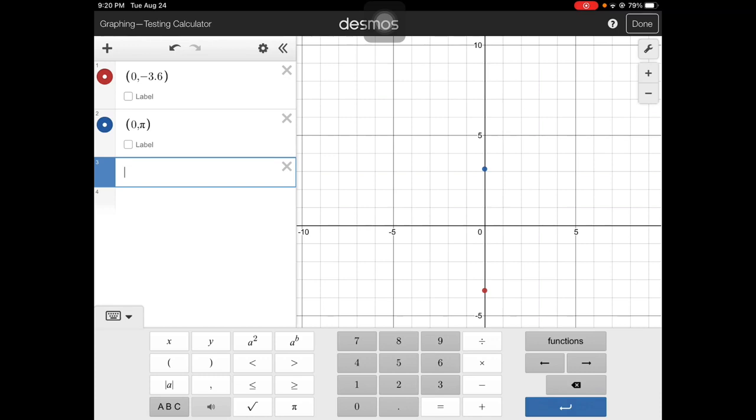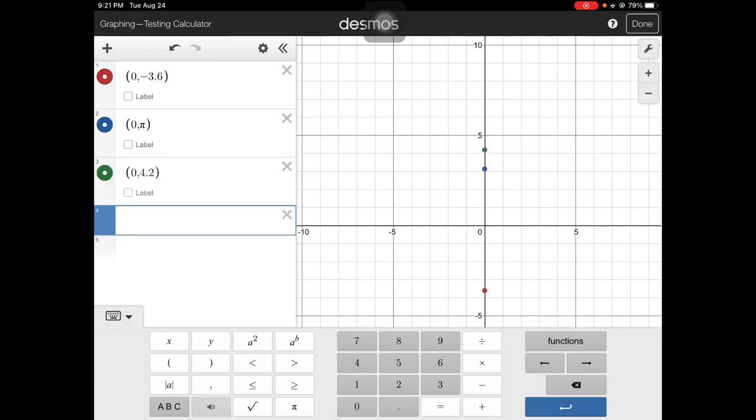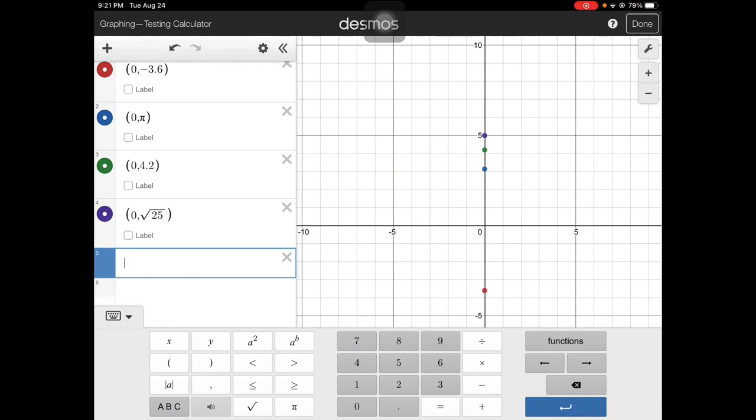If you look at the left, the negative 3.6 dot is red and the pi dot is blue. So the dots on the right hand side of my graph will correlate exactly to what the numbers are on the left. Okay, I'm going to keep going: 0 and then 4.2. As I go, you will see these numbers begin to appear and the dots begin to appear on the right hand side.